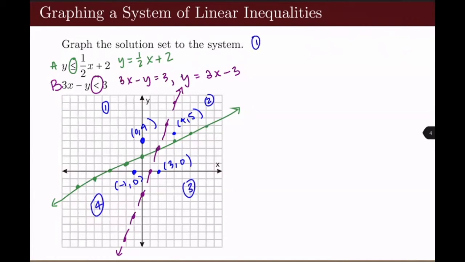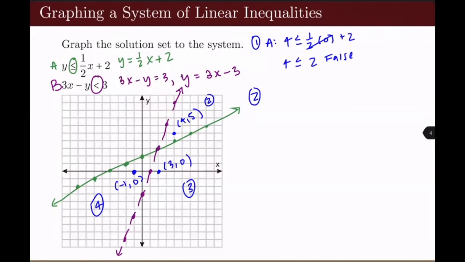So we just plug in 0, 4 into both of our inequalities. So for inequality A, we'll have 4 is less than or equal to 1/2 times 0 plus 2, which means 4 is less than or equal to, this is just 0, so we get 2. So false. Okay, so we know that our solution does not lie in quadrant 1. Okay, let's do quadrant 2.